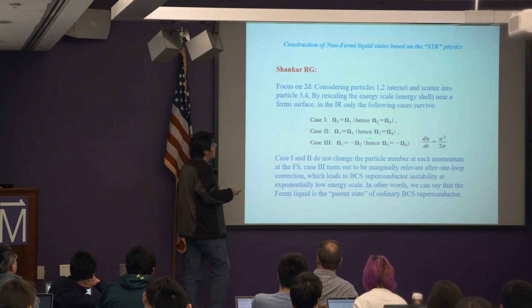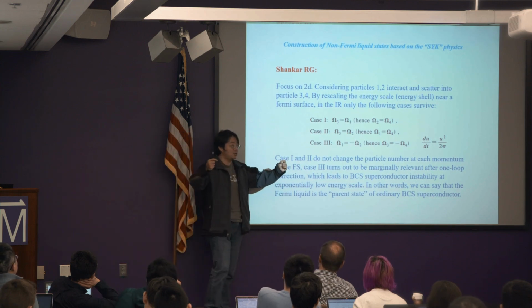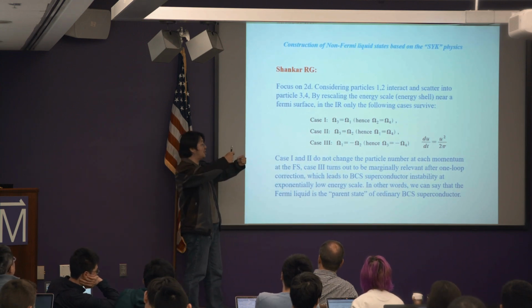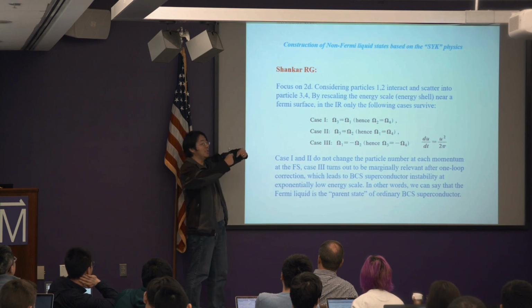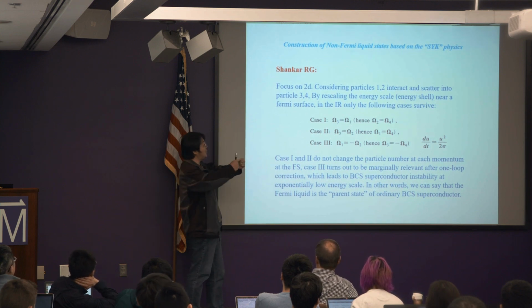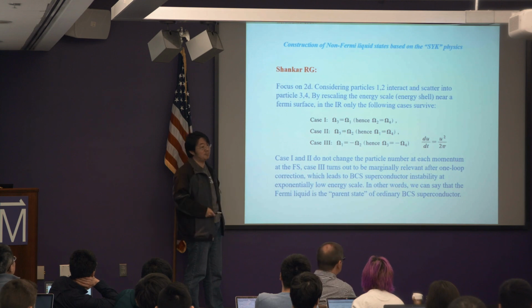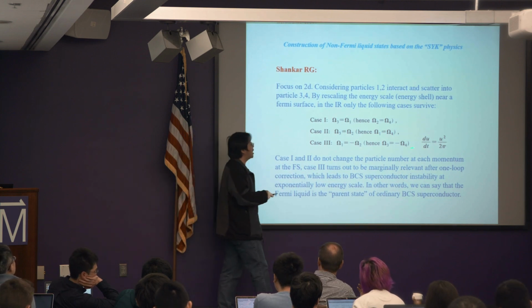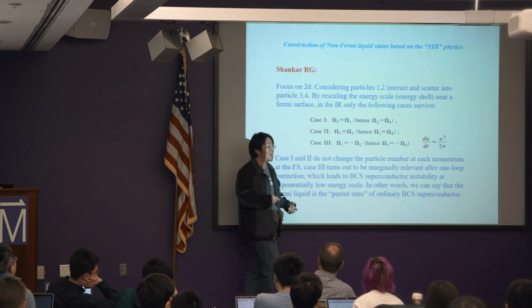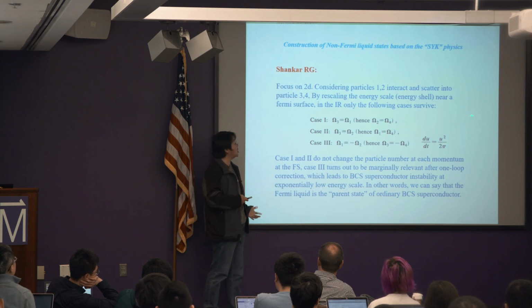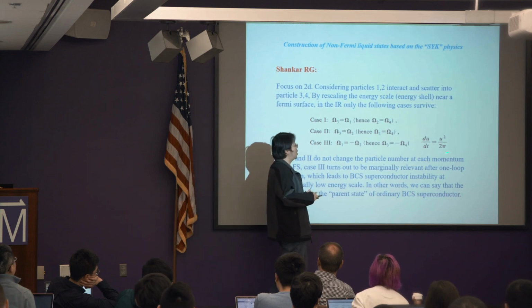But there's another interaction, where 1 and 2 are opposite from each other, and they scatter into another pair of opposite momentum. This is the BCS scattering. Depending on the sign of this scattering, suppose it's an attractive interaction, then under RG this attractive interaction will be marginally relevant.